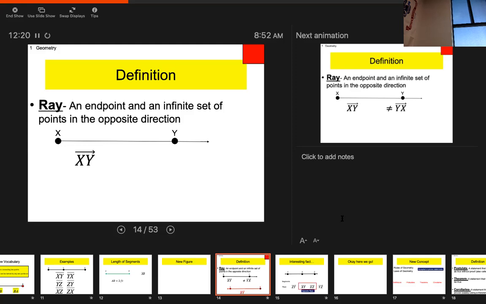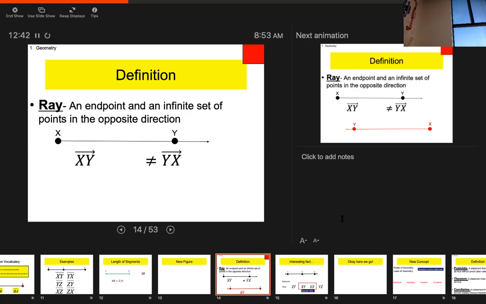Okay? All right. So this is not ray YX. Why? No pun intended. Get it? No? Okay. Why is it not ray YX? It doesn't start at Y and go towards X. Hey, this is a segment. This is segment YX.